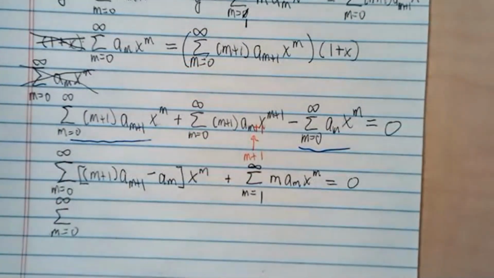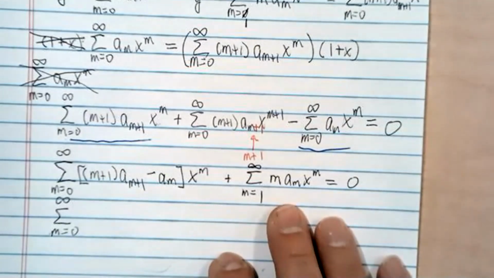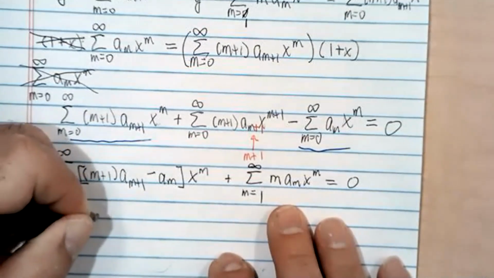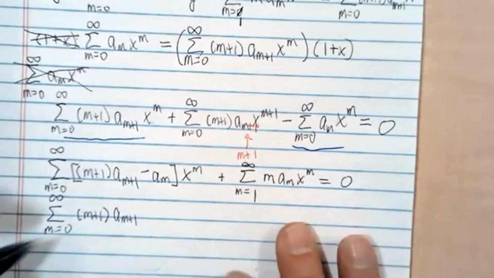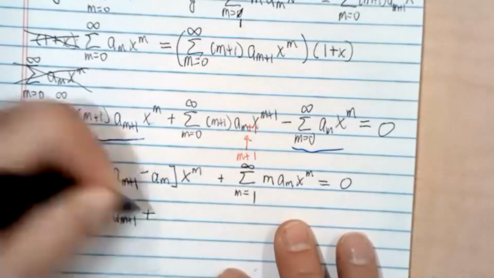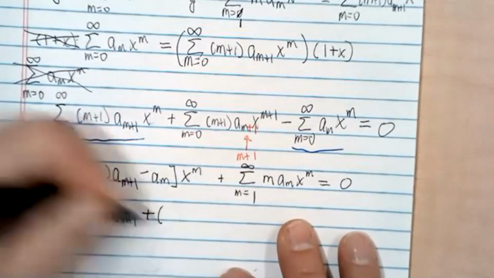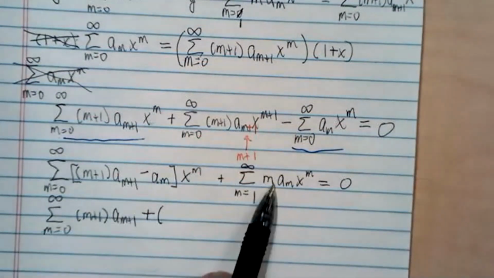Okay, now let's see, we've got m plus 1, a_(m+1), and then, just to make it particularly miserable, we have coefficients on a_m. One of them is minus 1 and the other one is m.